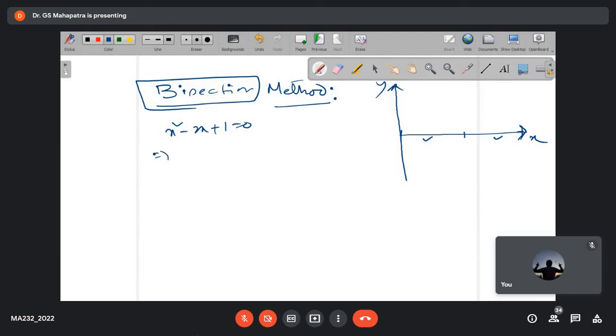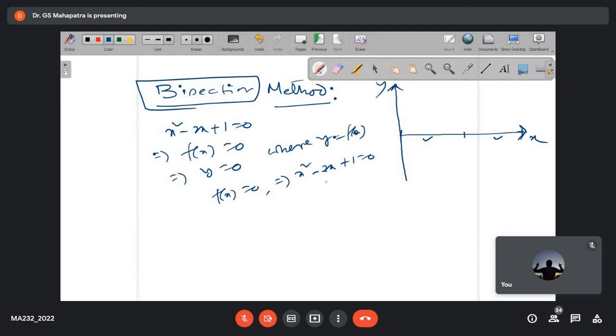We can write f of x equals to 0, that implies y equals to 0, where y equals to f of x. So our target is to find f of x equals to 0. So what is the meaning? We can write x square minus 2x plus 1 equals to 0. That is f of x equals to 0.